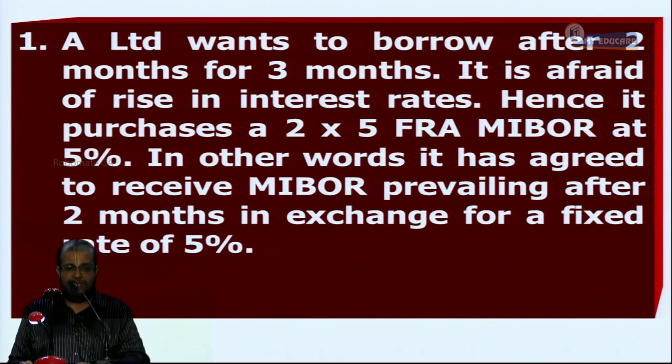A borrower always fears rising interest rates. Hence it purchases a 2 by 5 FRA on MIBOR at 5%. In other words, it has agreed to receive MIBOR prevailing after 2 months in exchange for a fixed rate of 5%.